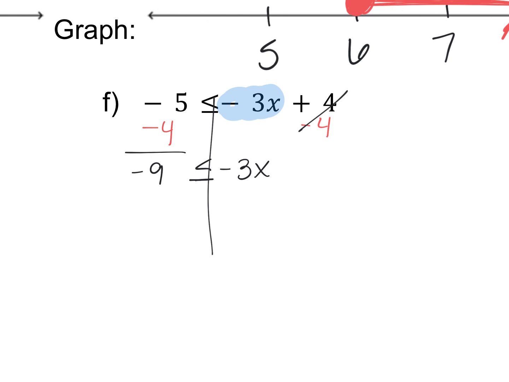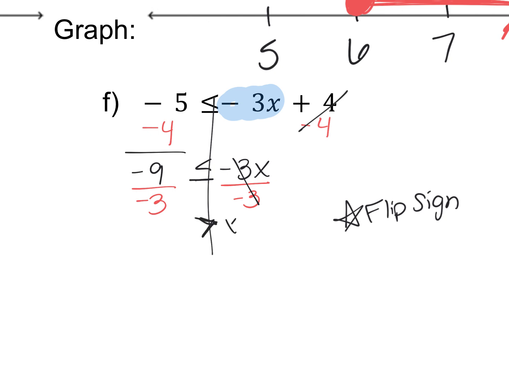What do I need to do to get the x by itself? I need to divide by negative 3. When you divide by negative 3, you must flip your sign. Don't forget that. So now it's going to be pointing to the right. Bring the x down, and then negative 9 divided by negative 3 would be 3.